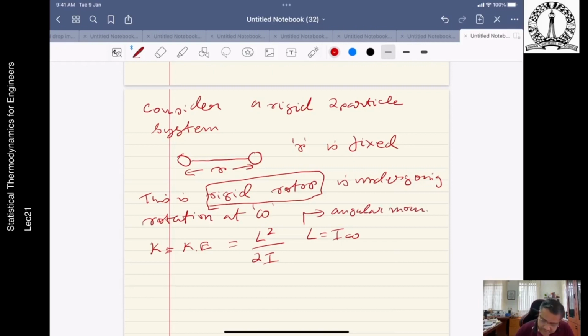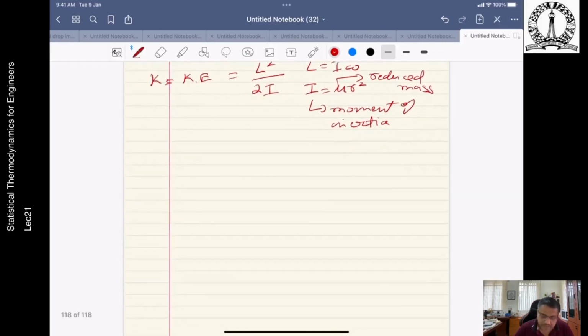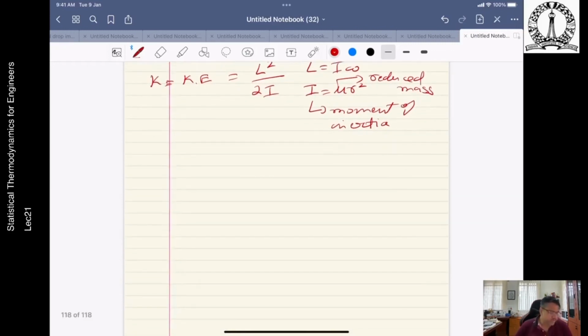I is also given as mu R squared, where I is the moment of inertia and mu was the reduced mass. This part was well understood before.